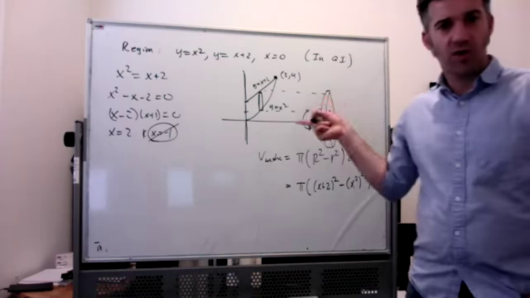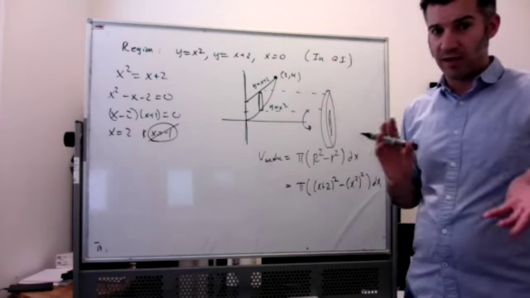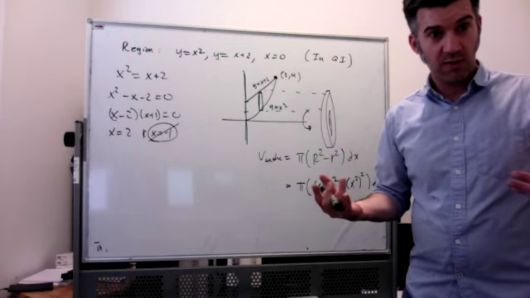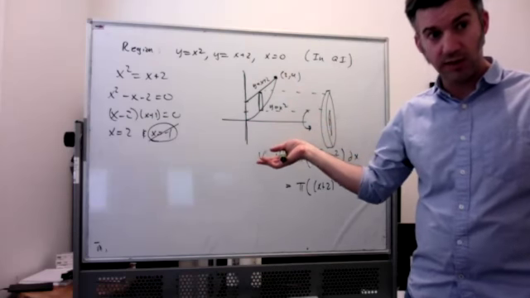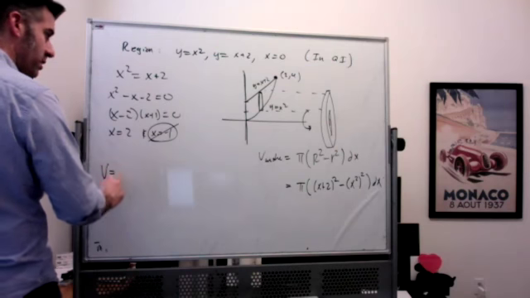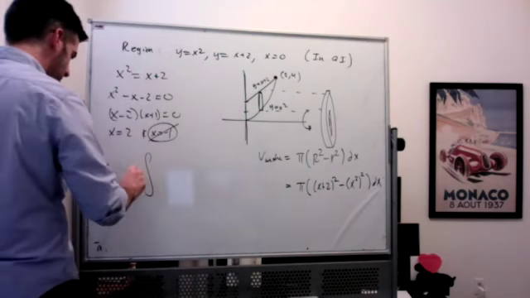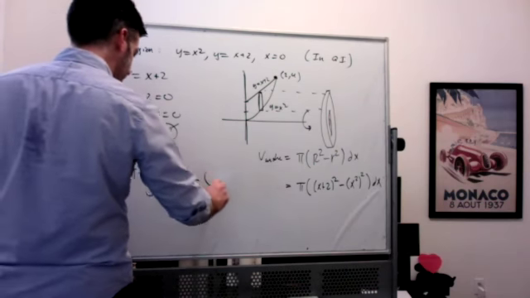I think this is a good question because if you don't draw it out, a lot of people make the assumption incorrectly that x squared is the bigger function. But if you draw it out, it's very clear that x squared is not the bigger function in this region. So then the total volume is going to be the integral, and I'm going to put the pi on the outside, of x plus 2 squared minus x squared squared.